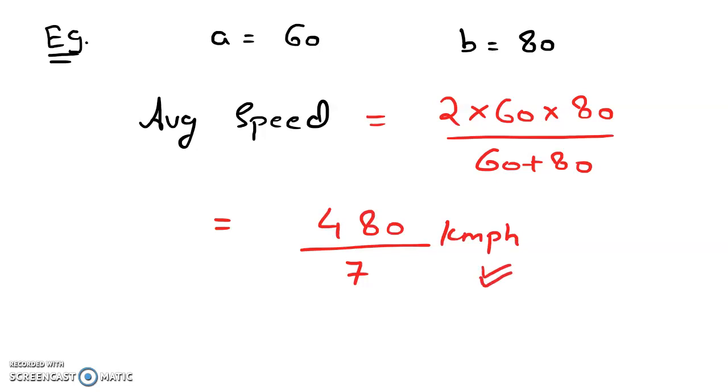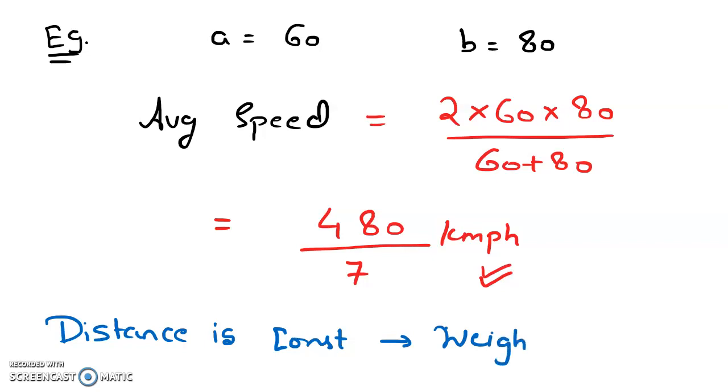So I use the term average speed if the distance is constant. If distance is constant, average speed is not the arithmetic mean of two speeds. It is the weighted average. If you have learned it in previous classes, fine, but if you haven't, I am just giving you the term.